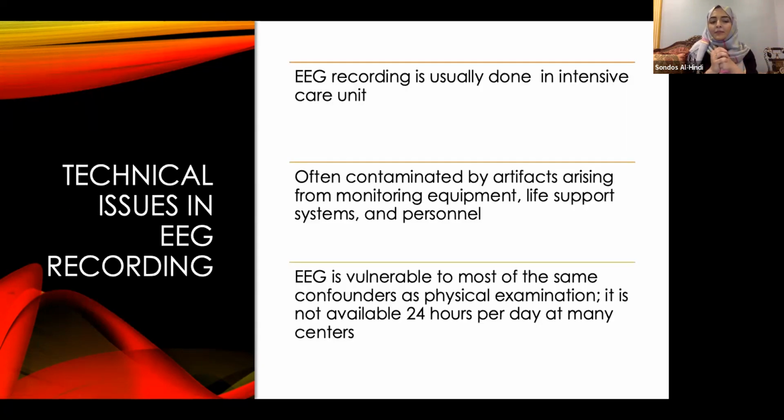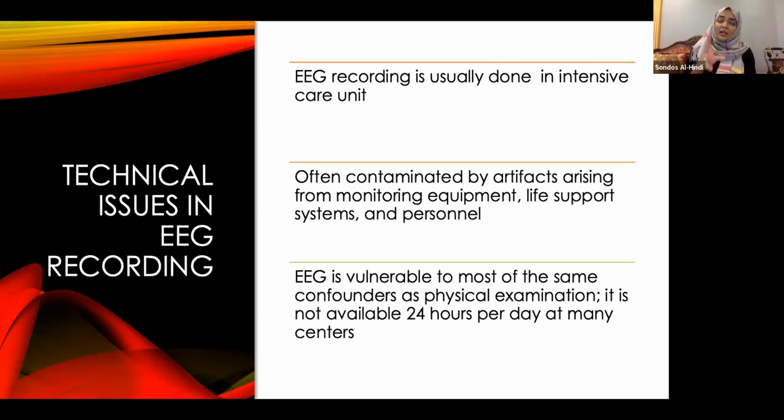All right, technical issues in EEG recording. It's usually done in the ICU, often contaminated by artifact arising from the monitor, equipment, life support, personnel. I've recently talked also about a phenomenon, but we've already declared that there should not be any EEG reactivity. A phenomenon seen in ICU recording EEGs called ECG-like discharges.